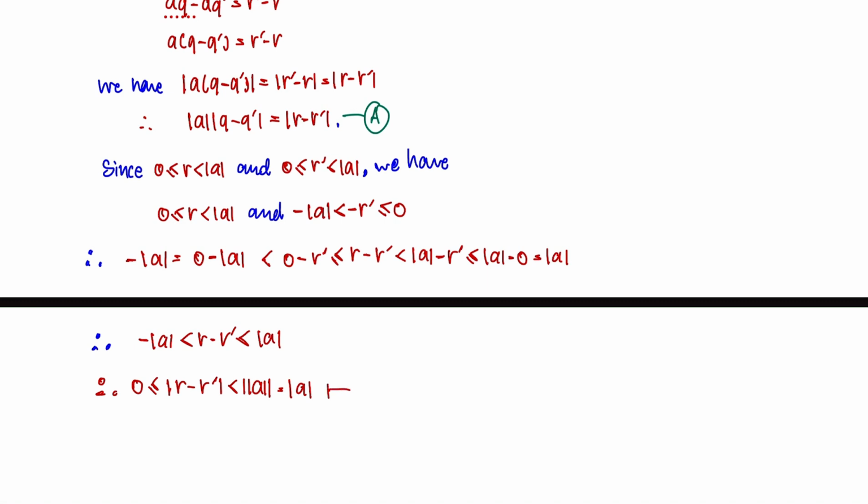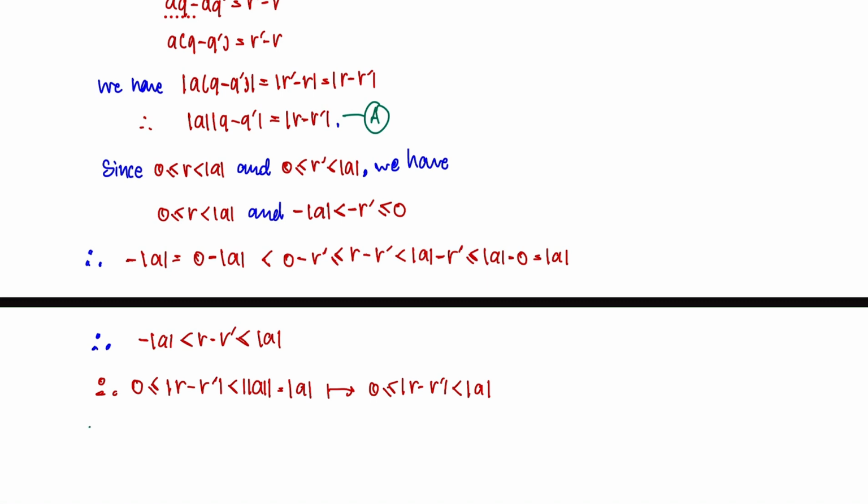So we've just shown that absolute value of R minus R prime is greater than or equal to 0, less than absolute value of A.